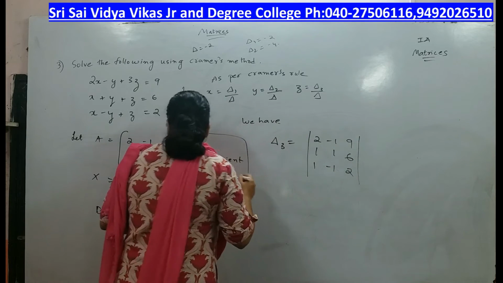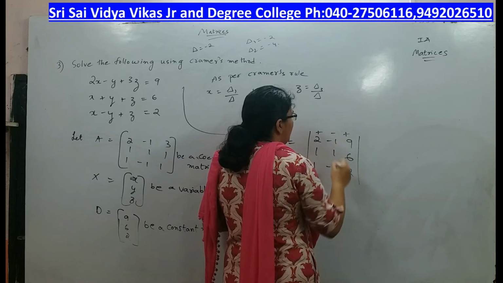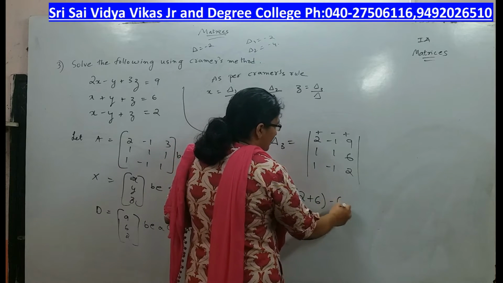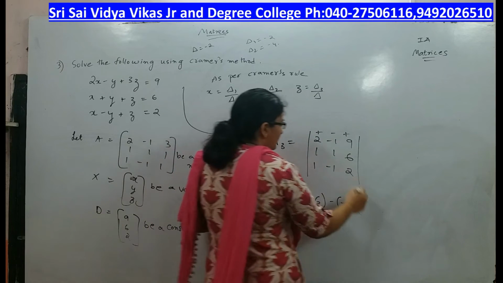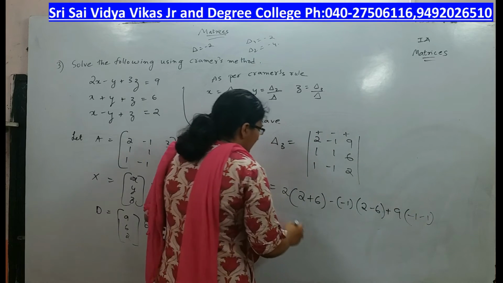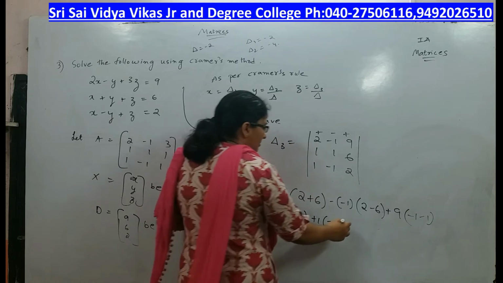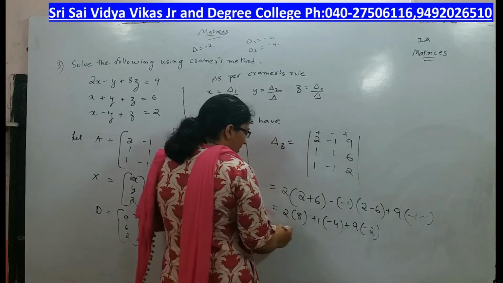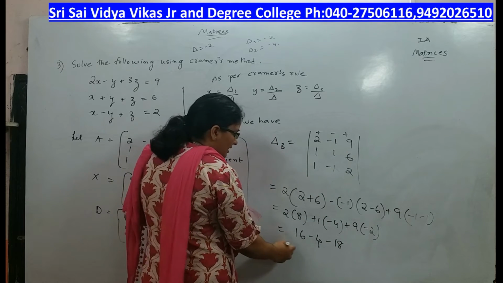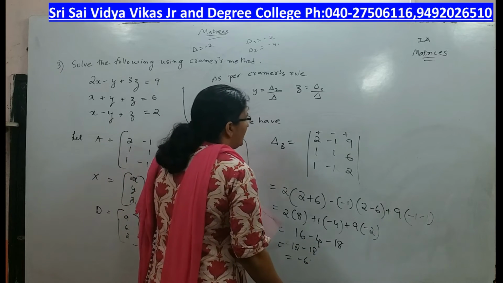That is the third column you are replacing with 9 6 2. So plus minus plus, that is equal to 2 into 2 plus 6, minus of minus 1 into 2 minus 6, plus 9 into minus 1 minus 1. 2 into 8 plus 1 into minus 4 plus 9 into minus 2. 2 8s are 16 minus 4, 9 into minus 2 is minus 18. 16 minus 4 is 12, 12 minus 18, which is minus 6. So delta 3 value is minus 6.